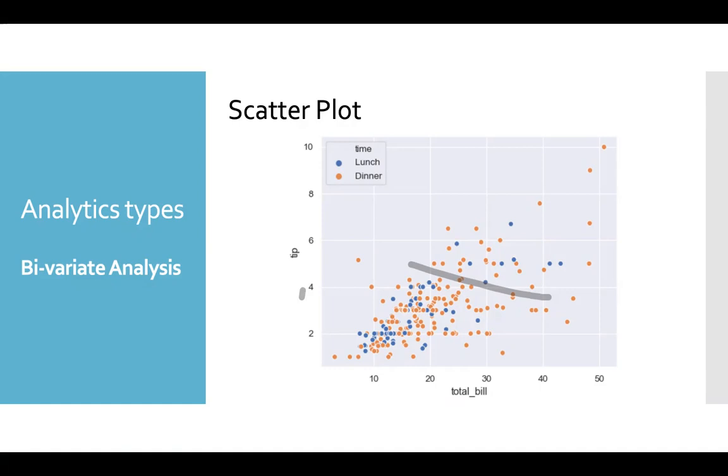Now here we need to understand that the tip is increasing on the y-axis and the total bill is on the x-axis, and I can see that if the total bill is increasing, the tip is also increasing. But at times you need to understand causation and correlation, basically whether something is correlated or something is causing the other. For example, my cost of living is increasing because the cost of vegetables or grocery is increasing. This is one of the causes having an impact.